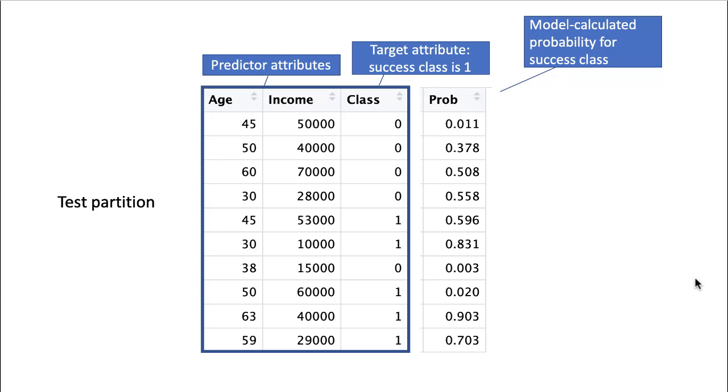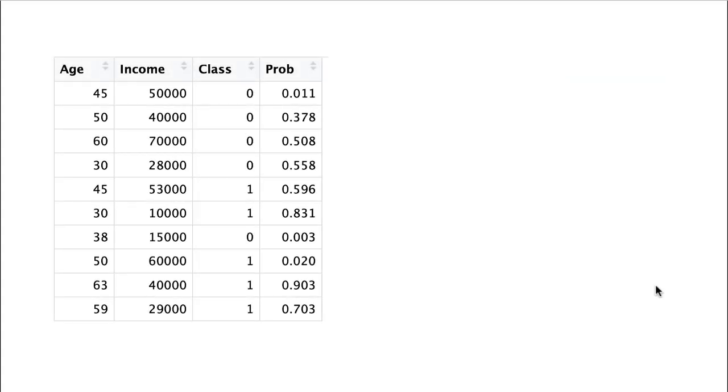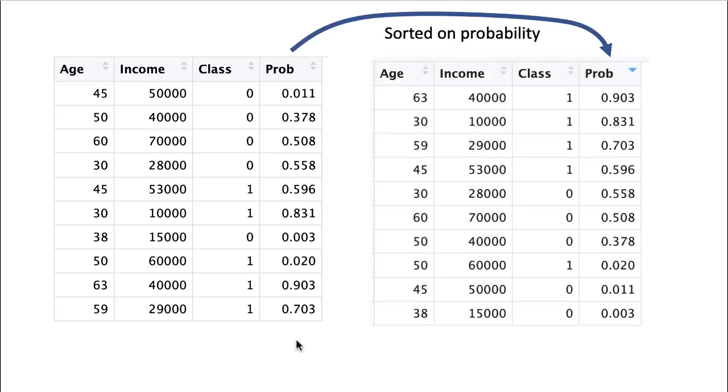Let's use this simple scenario to understand the notion of an ROC chart. It so happens that this data set has 10 rows. 5 of them are class 1 and 5 of them are class 0. We take this original data set, and just for exposition purposes, let's sort it on probability, so we've got the high probabilities on top and the lower probabilities at the bottom, arranged in descending order of probability.